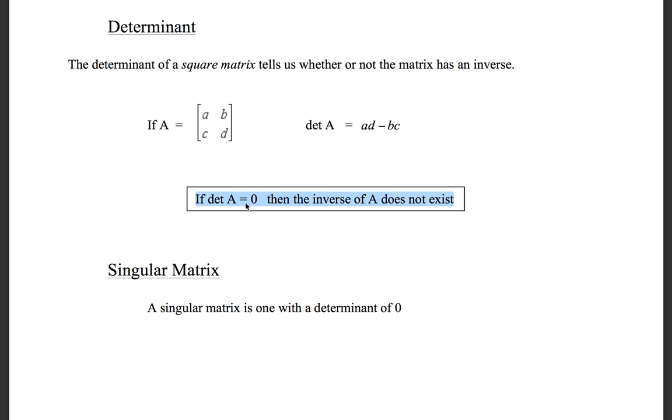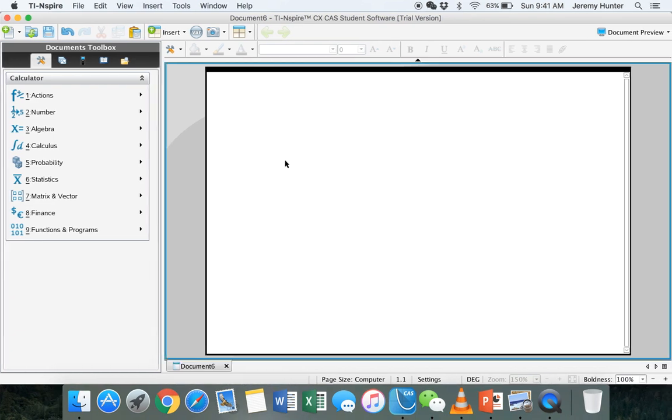Looking at our matrix from before, we know the determinant is 13, so this matrix does have an inverse because the determinant is not 0. If it did equal 0, it would not have an inverse.